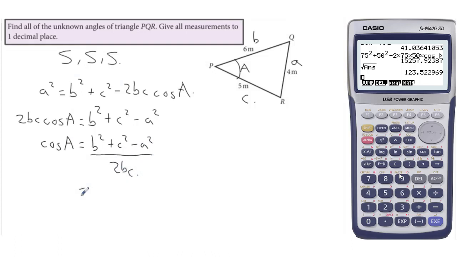So now we can work that out. So it is going to be 6 squared plus 5 squared minus 4 squared, all over 2bc. So 2 times 6 times 5.